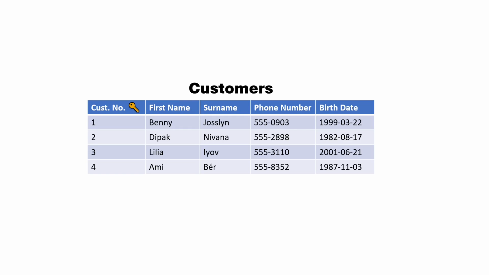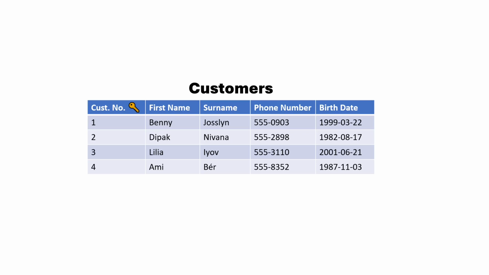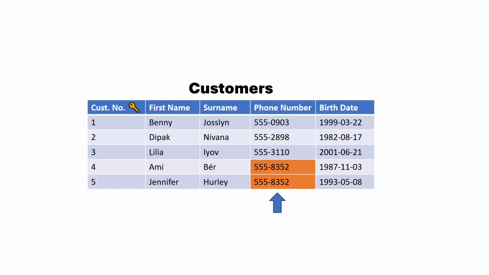Indexes also have another purpose. We could define what is called a unique index on a column, like the phone number on the customer table. A unique index ensures that the value in a column may occur only once. This could be useful, for instance, to ensure that we don't add different customers with the same phone numbers more than once.